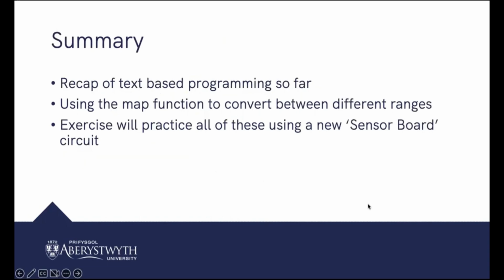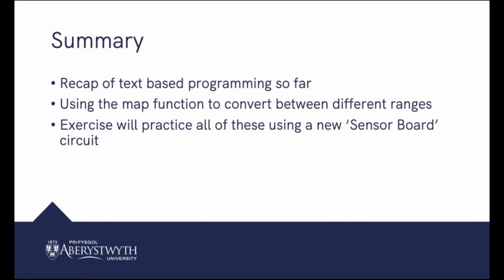So there we go. We've learnt lots of different tools already in terms of how to write programs using text instead of blocks. A lot of it is revisiting what we've done previously with the blocks and expanding on that slightly with the added flexibility that text-based programming gives us. And we need to make sure we're using and remembering all of those tools because we want to use them all the time.